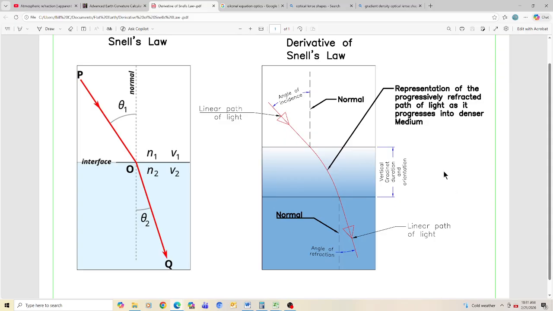No one is disagreeing that the air well above the surface of our world is less optically dense than the air at the surface.